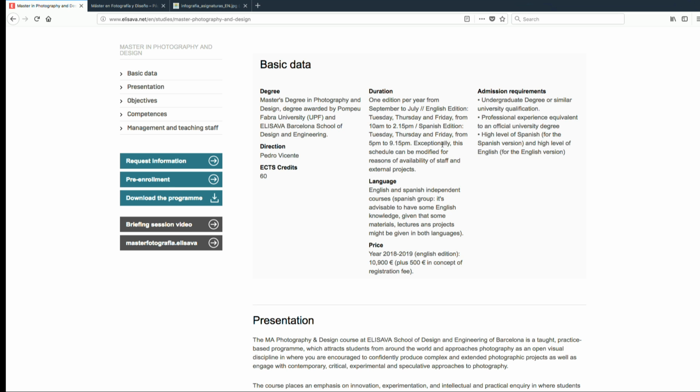In the mornings, the English course runs from 10 until 2:30, or 15 past. These are the days that we have class in the school, and as this is a very practical course, we also sometimes have classes outside these days, and sometimes even in the afternoons.